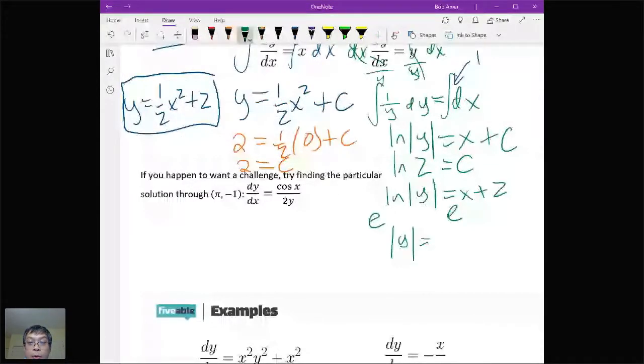Now you should remember from your studies that the absolute value of y then leads to a plus or minus.